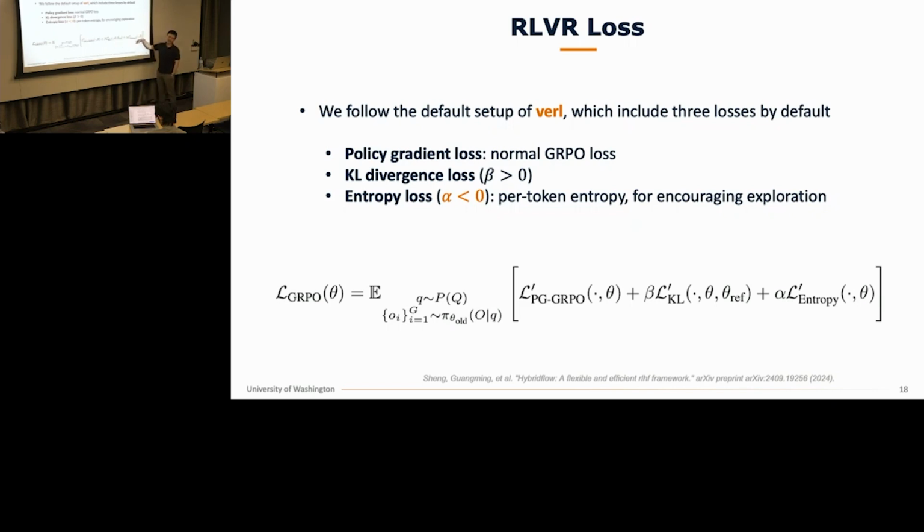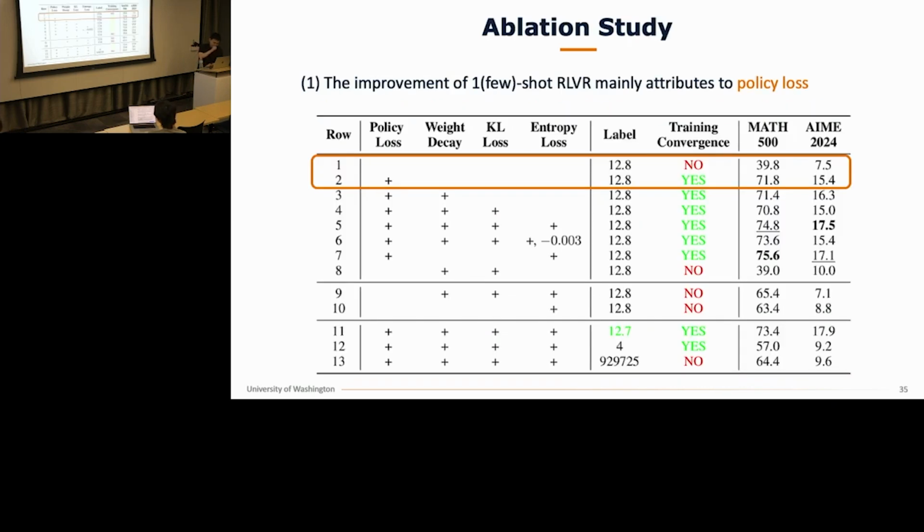And a pure entropy term, which encourages you to output more random things. You can also have a weight decay. So here we list the four terms: the policy loss, the weight decay, the KL loss, and the entropy loss.